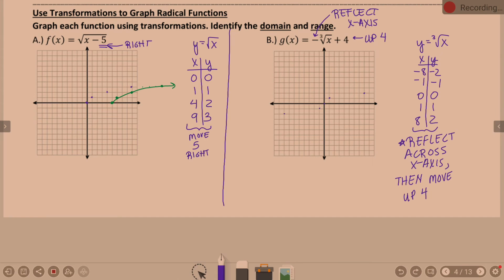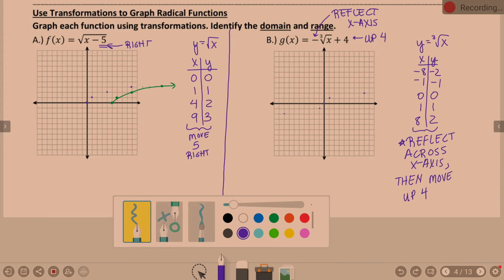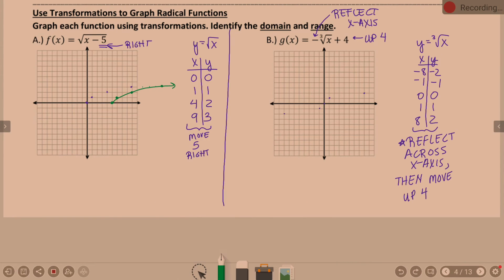We need to reflect. When we say reflect across the x-axis, what's going to happen? It's going to flip, yes? Anything below the x-axis is now going to be above. Anything above the x-axis is going to be below. And anything that was on the x-axis stays.